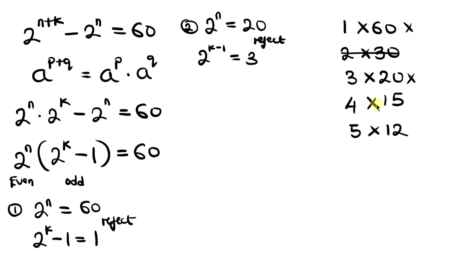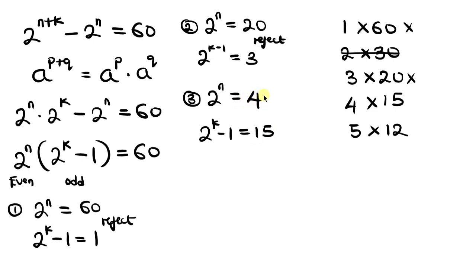Now what about this, which is the third one? I'll take the even number, which is 2 to the n, and I'll pair it to the even number here, which is 4. Take the odd, 2 to the k minus 1, and I'll pair it to the odd number here, 15. Now notice that 4 will work.